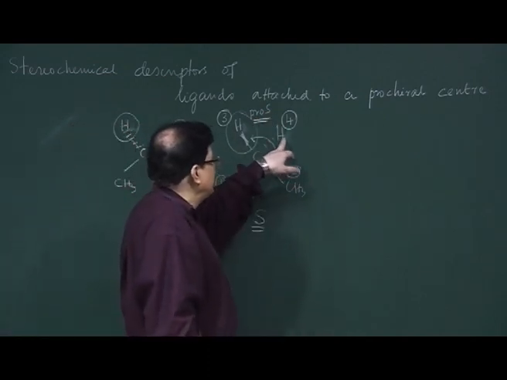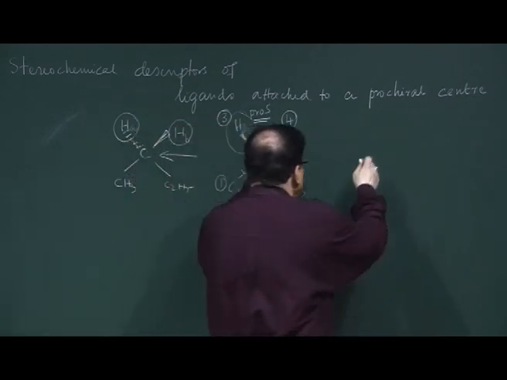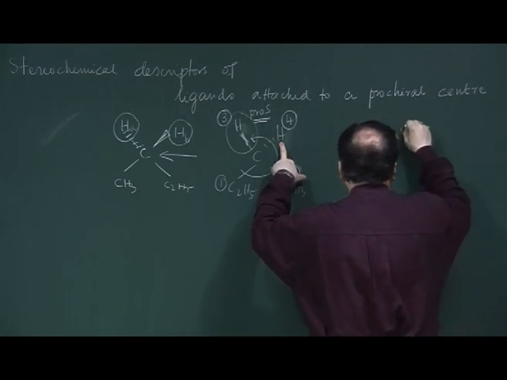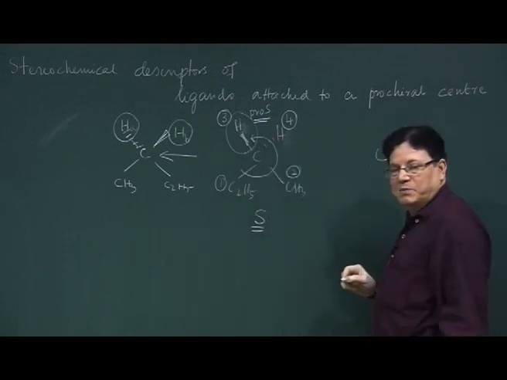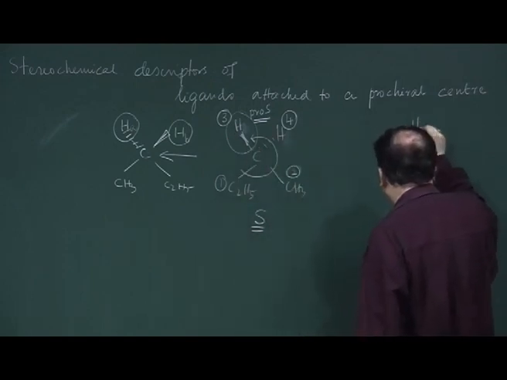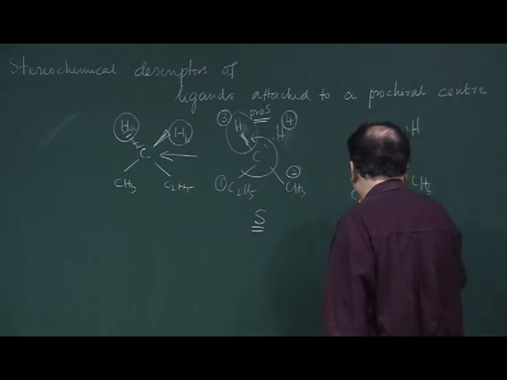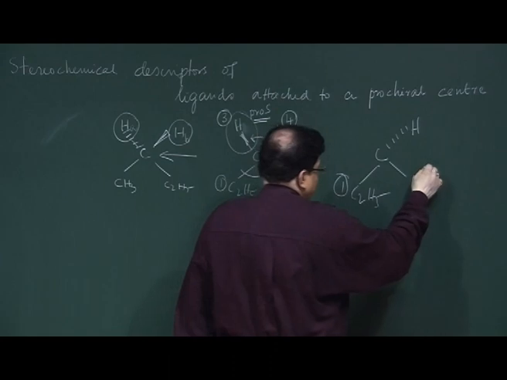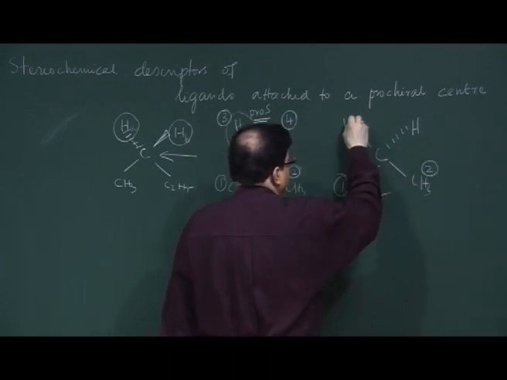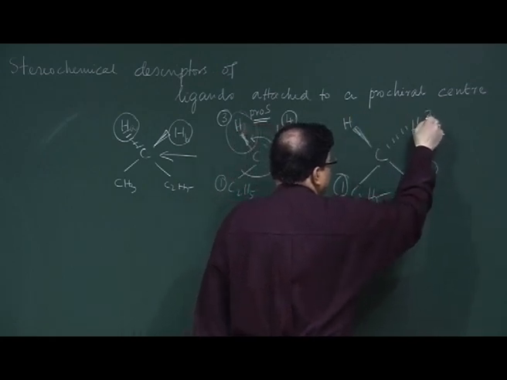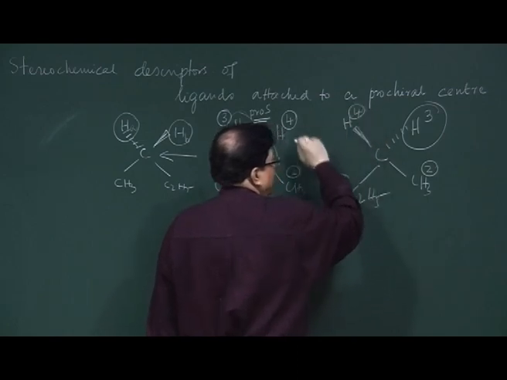For assigning the stereochemical descriptor of this other hydrogen, the priority sequence will change. We have to give higher priority to this hydrogen over the other hydrogen, okay, because we are considering this hydrogen now. So, this remains 1, that remains 2, only change is this will be 3 because you are now considering this one, and this will become the fourth priority.